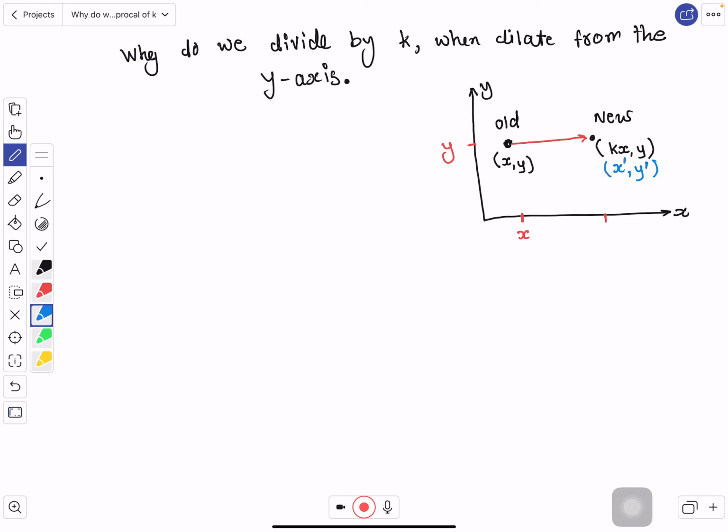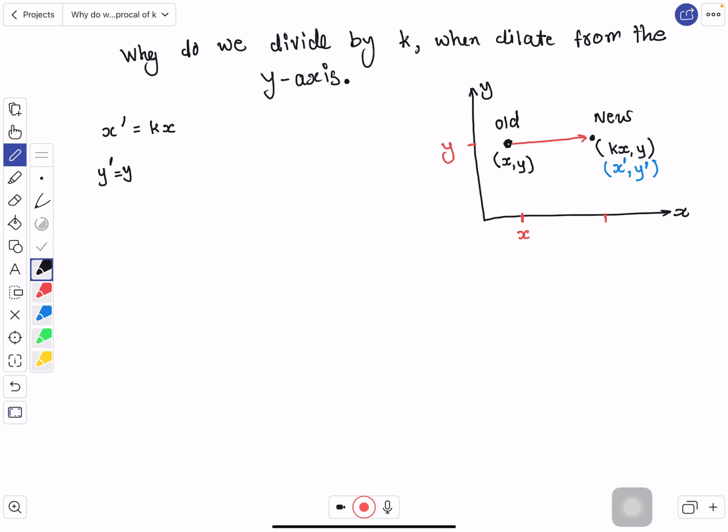Now, from the graph, you can see that x dash is equal to kx and y dash equals y. The goal is to write the old x and y in terms of the new variables, in order to show that there's a division by k when we dilate from the y-axis.